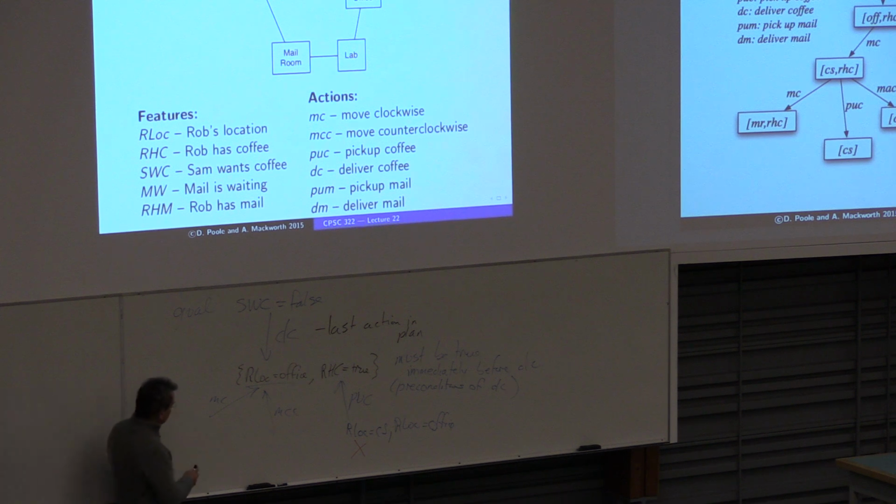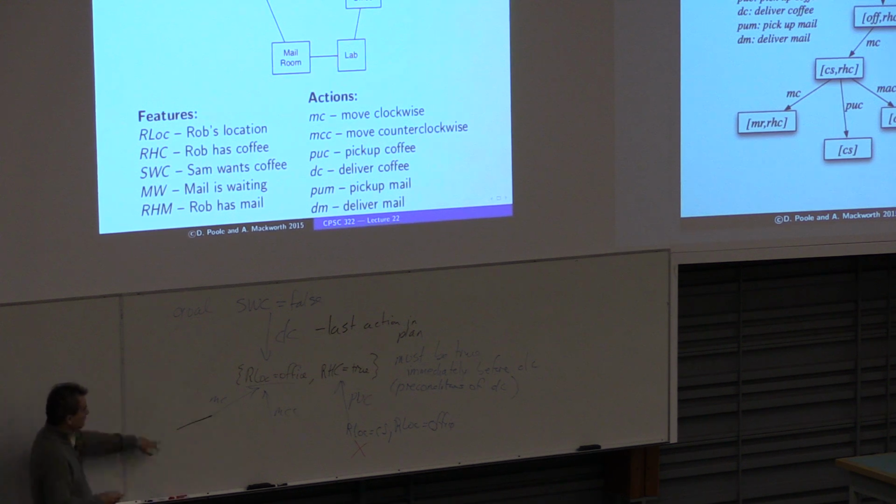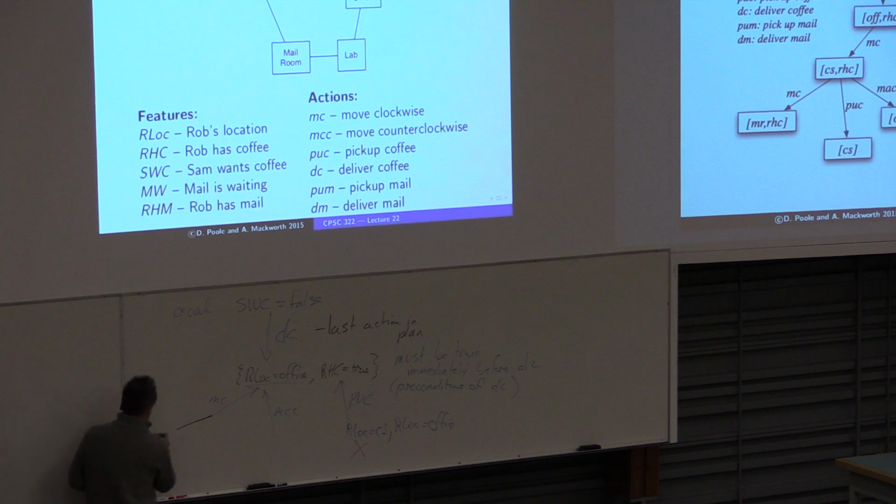And so where would we have to be in order to move clockwise, so that now the robot location is the office? Let's look at this map here. Where did you have to be? Coffee shop, thank you. So our location equals coffee shop.